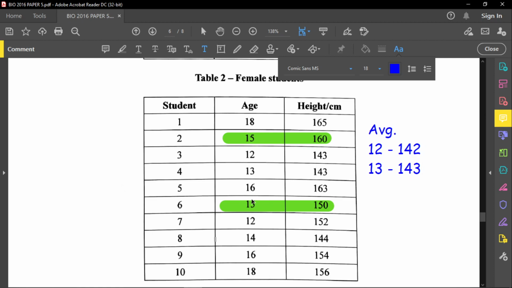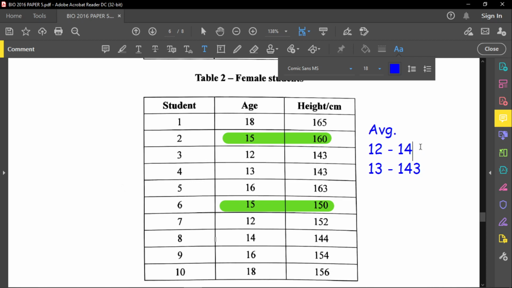And then for the 12-year-olds, it is 143 and 144, so the average is 143.5. Let's make a change with this.